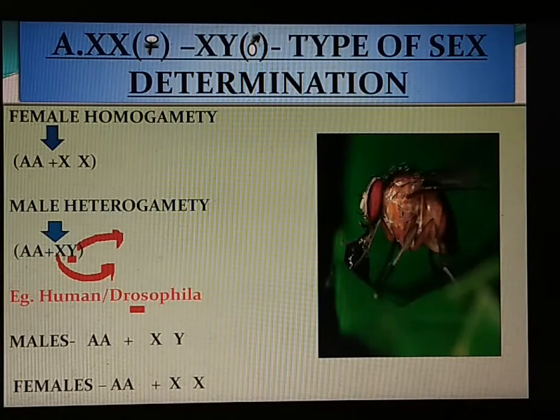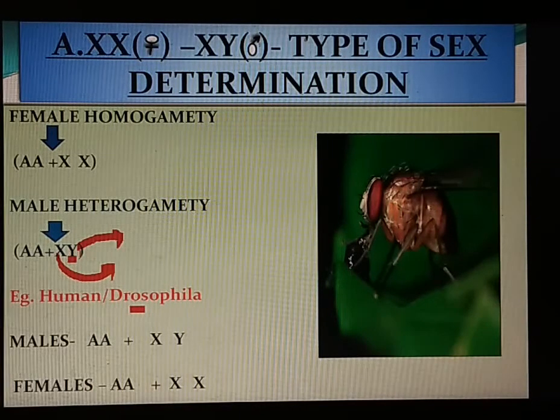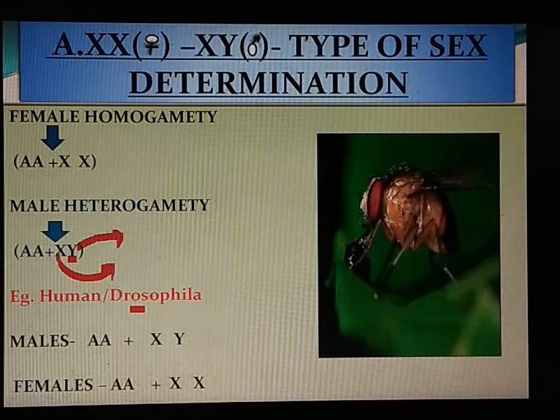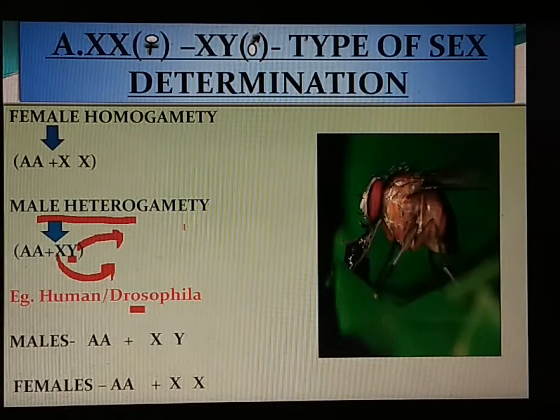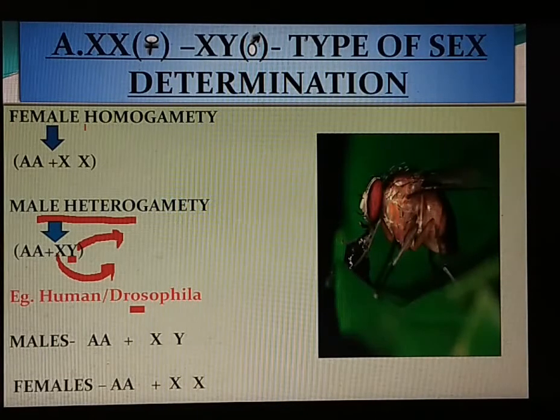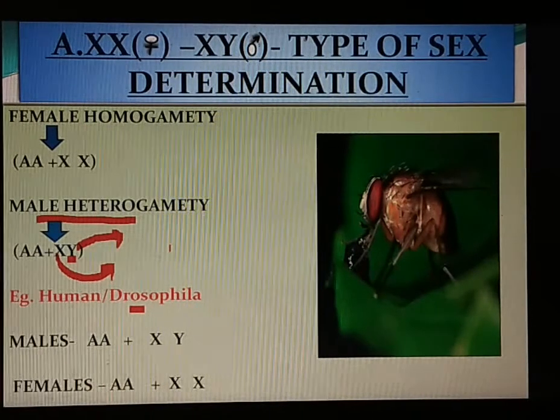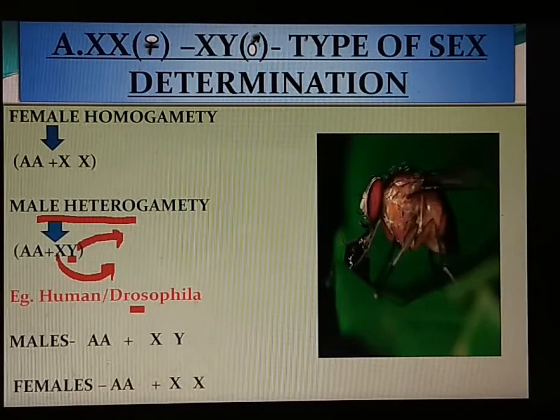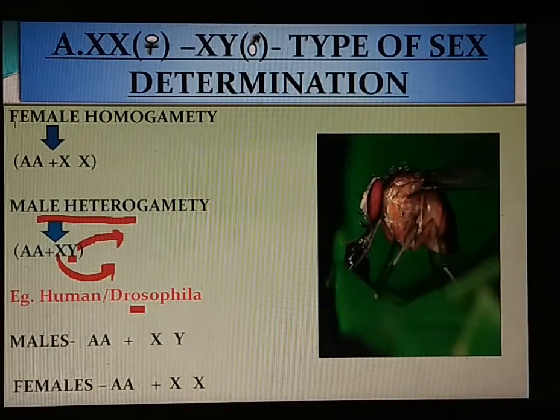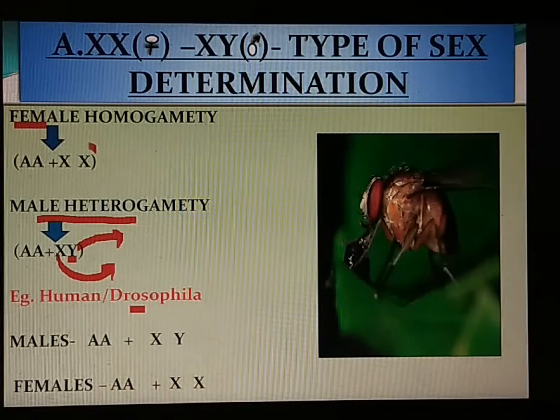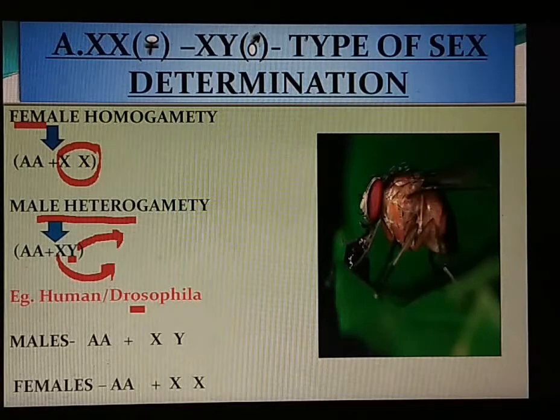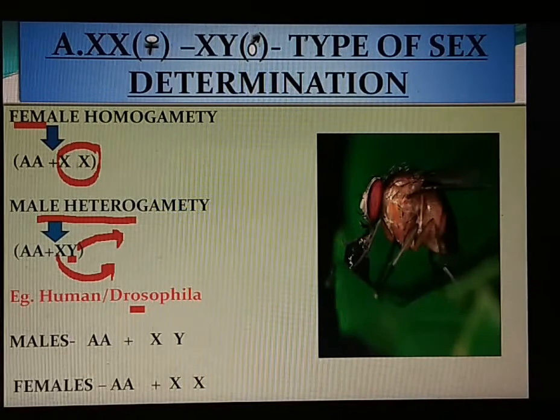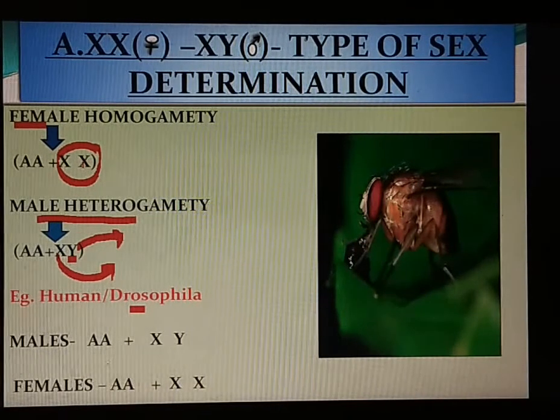Okay, so since different kinds of gametes are formed, or different types of sex chromosomes are present in this individual, that's why we call it male heterogamety, wherein the males will produce two different types of gametes and females will produce the same type of gamete or eggs, since these individuals have similar kinds of chromosomes.